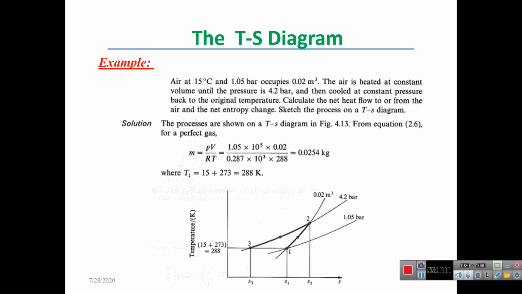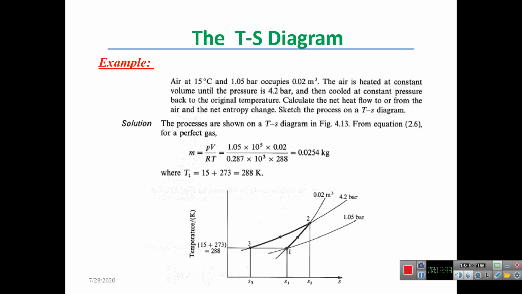The processes are shown on a TS diagram in the figure below. From equation 2.64, for a perfect gas, we have an equation which we termed at that time the characteristic gas equation, PV equals mRT.